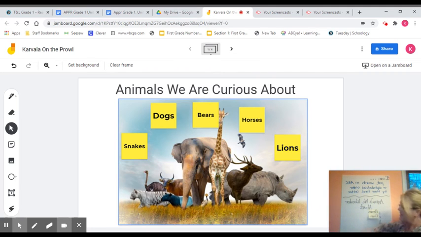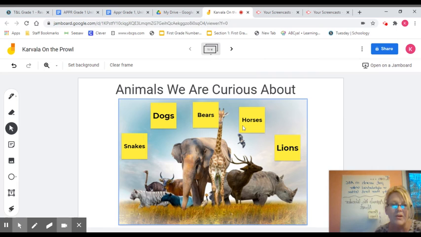Okay, so let's keep going. And actually, you could take your pen or your pencil and cross out dogs and cross out bears because I already used them. Let's see, A, B, C, D, E. Do I have any words that start with E? No, I do not. E, F, nope. G?